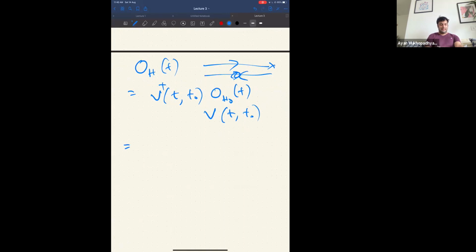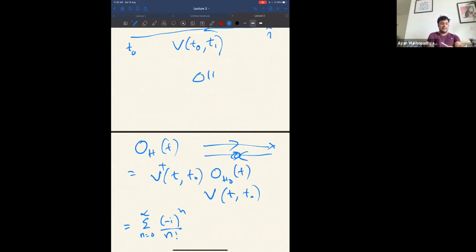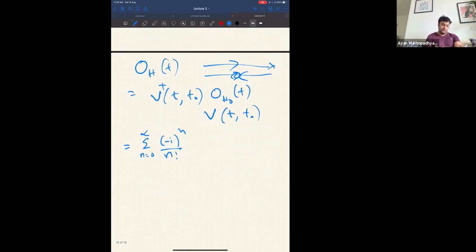So this is nothing but time. If I rewrite this, this is equal to sum n equals 0 to infinity, minus i to the power n by factorial n. And let me call delta H(t) equal to some V, just a short form. Delta H looks a little bit uncanny, and V is always in the interaction picture, or in the Heisenberg picture with respect to the Hamiltonian H naught.